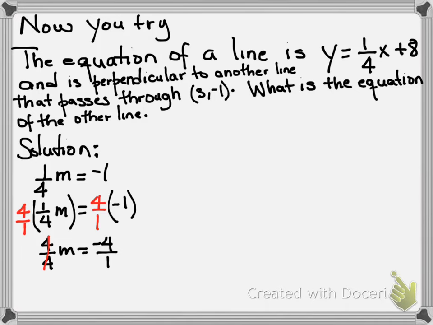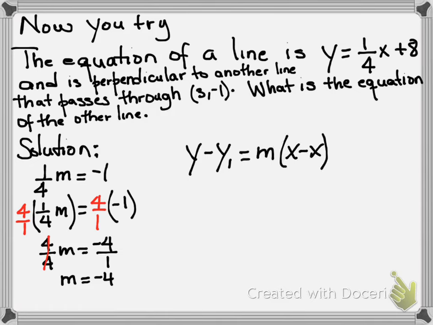So by simplifying, we get the new slope to be -4. Hence, from there, we substitute in the point-slope formula the point we have, remember, it is (3, -1).